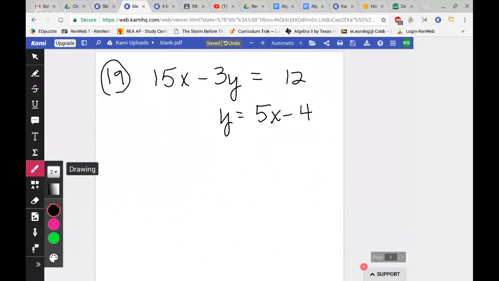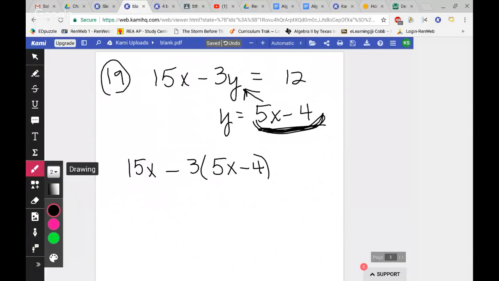So this is telling me that y equals 5x minus 4. That means in the previous linear equation, anywhere there's a y, I can substitute this value in because that's what y equals. So I would rewrite that 15x minus 3 times, what's the value of y? 5x minus 4.